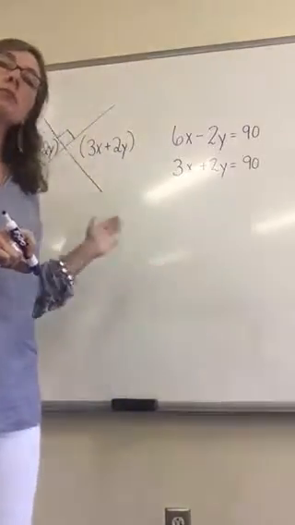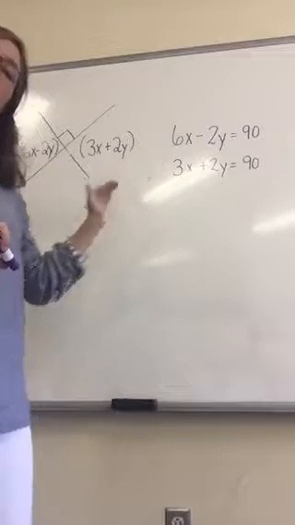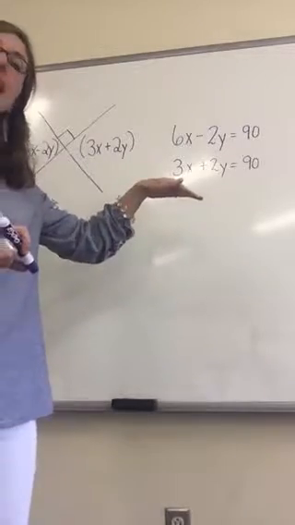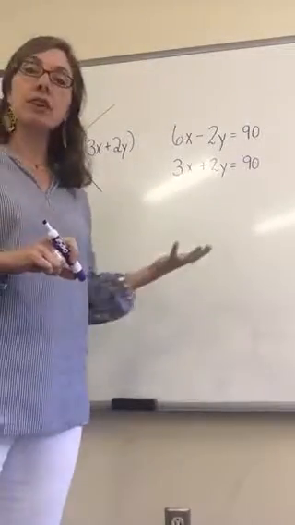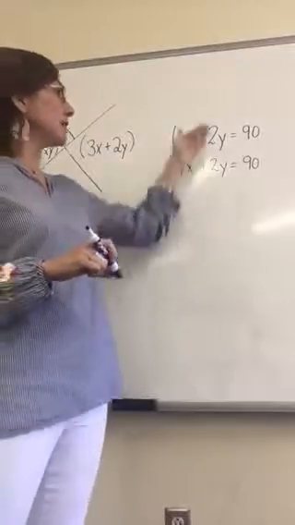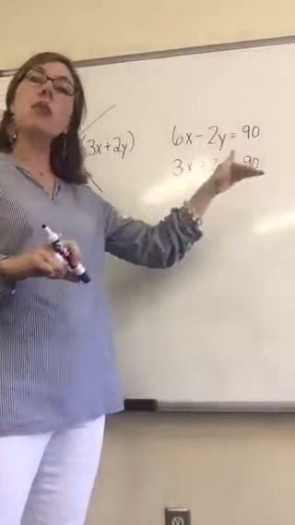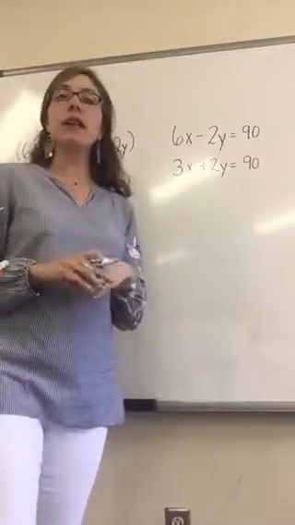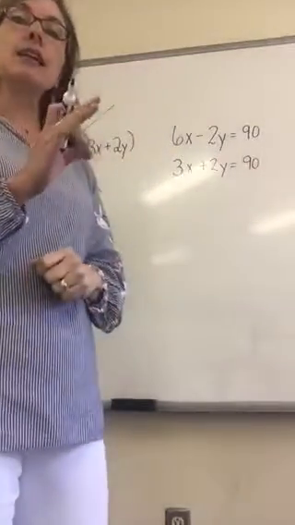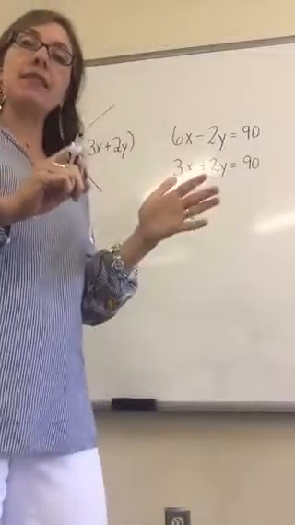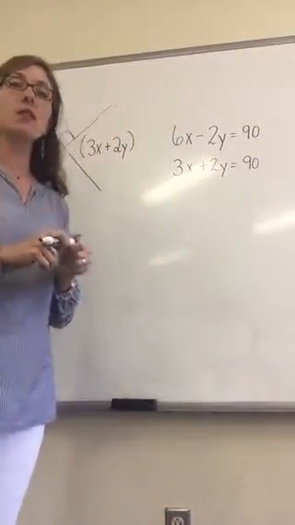From there, we're able to plug the value of the one variable back in, and then we can solve for the second variable. So in this case, we could eliminate the y's, solve for the x, plug the x back in, solve for the y, and we end up with an answer that is an ordered pair, the x and the y. That's a solution to the equations.